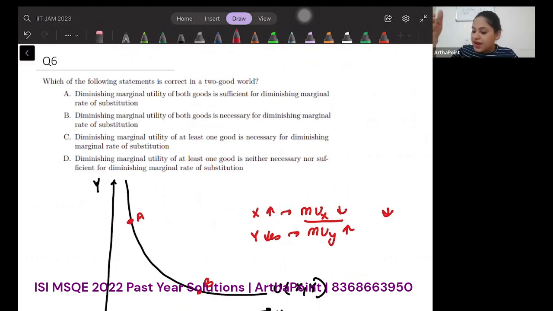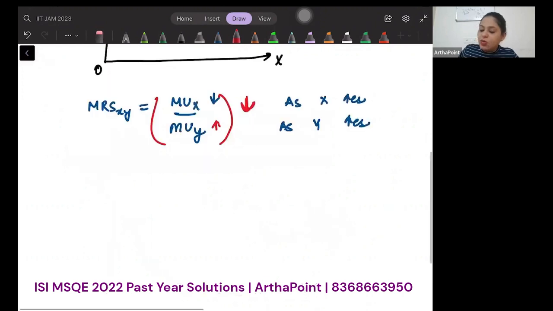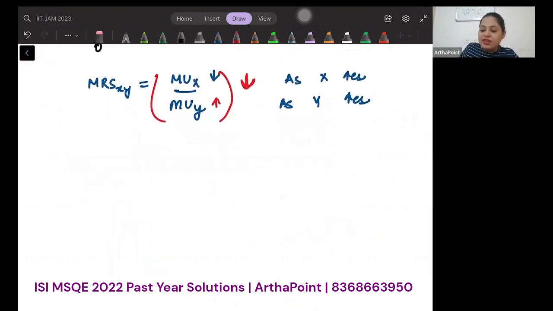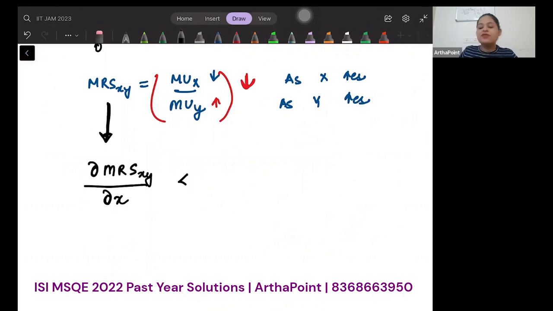When I assume that we have diminishing marginal utility for both the goods, we are going towards MRS being diminishing. But there is another thing I need to check. If I want a diminishing MRS, I need to ensure that when I differentiate my MRS with respect to X, this should be negative.